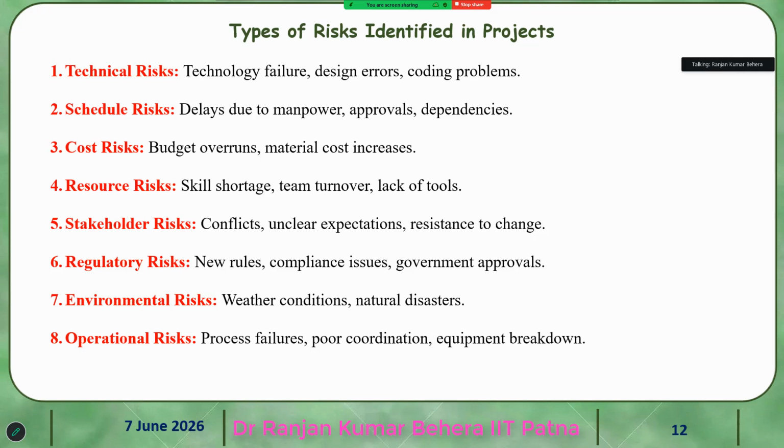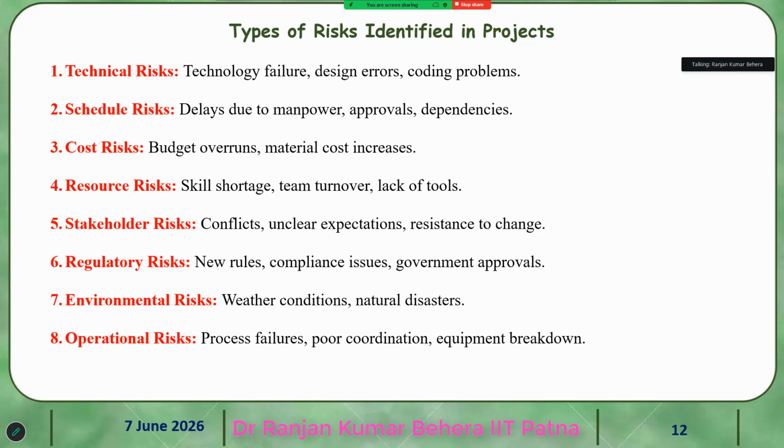Then resource risk, like skill shortage, team turnover, and sometimes lack of tools. It is not available, so there is some limitation. For example, we had developed a motor, and the software was not available in the IT partner. So you have to send it somewhere to get it done.